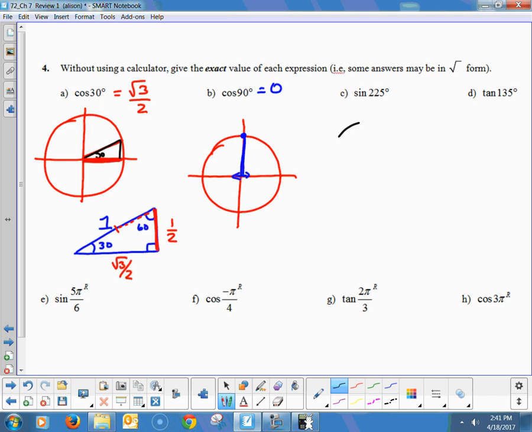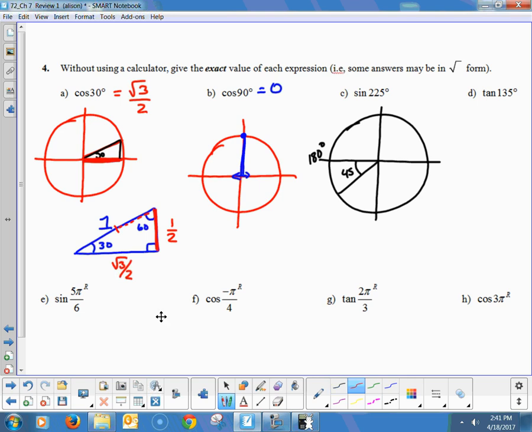Sine of 225 degrees. Well, 225 degrees, I know this is 180 degrees around. So 180 to 225 is another 45 degrees. So we're looking at a 45, 45, 90 triangle. And when you have a 45, 45, 90 triangle, you have two of the same sides, which is why it has a square root of 2 in it.